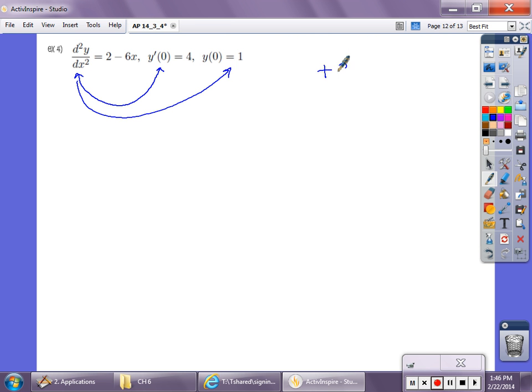Your first integration, you'll use a plus c, but the second one, you're going to use a plus d. So it may seem a little confusing right now, but I'm going to ask that you try the problem in your groups, and then Ms. Sedman, if you could press pause and give me about 3 minutes at the end of class to finish up.